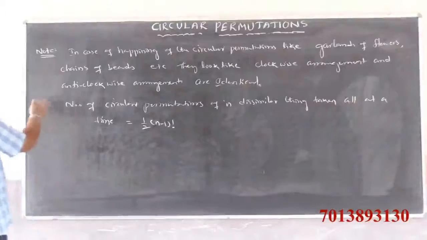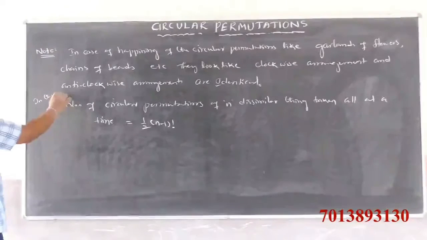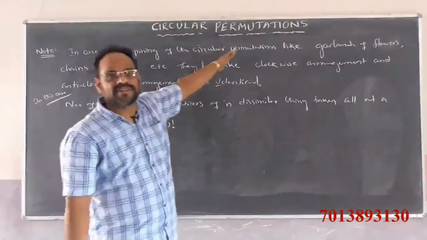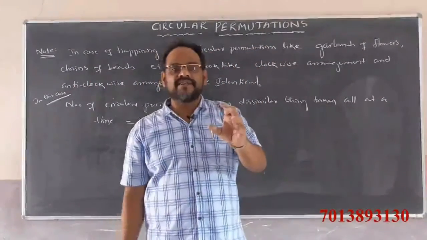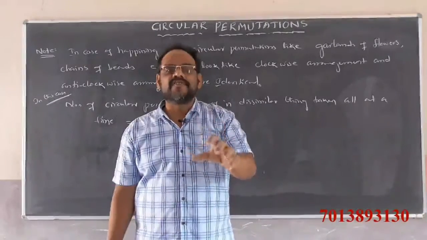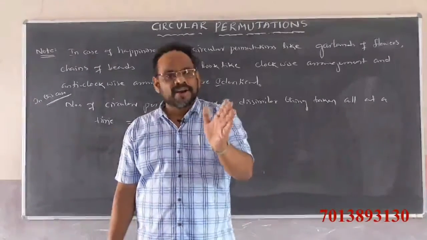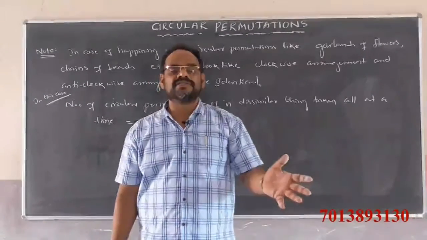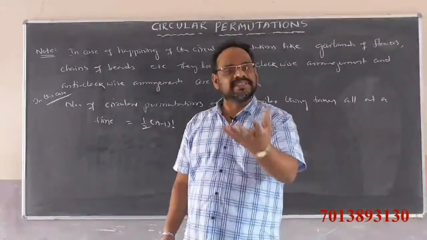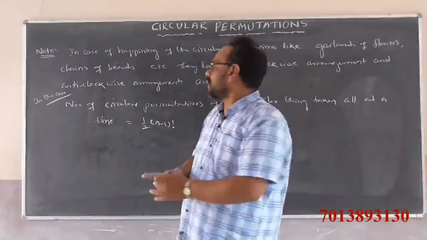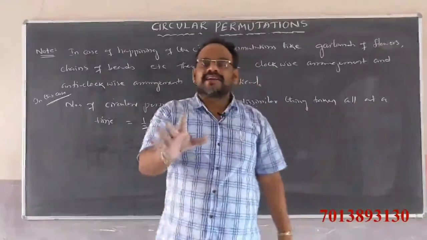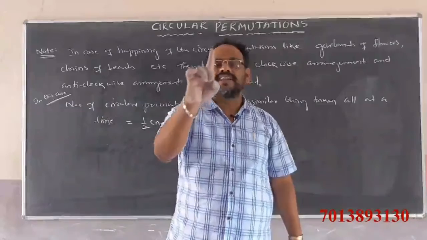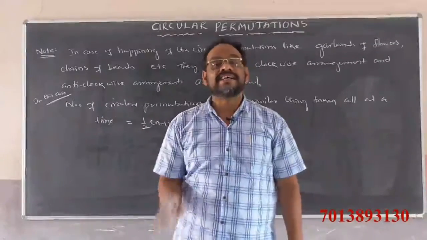In case of circular permutations like garlands of flowers and chains of beads, the clockwise direction and anti-clockwise direction look identical. That means the same. So in these special cases, clockwise and anti-clockwise directions are considered a single permutation.